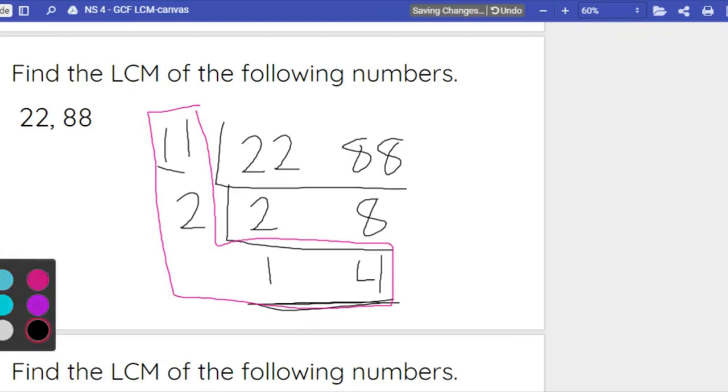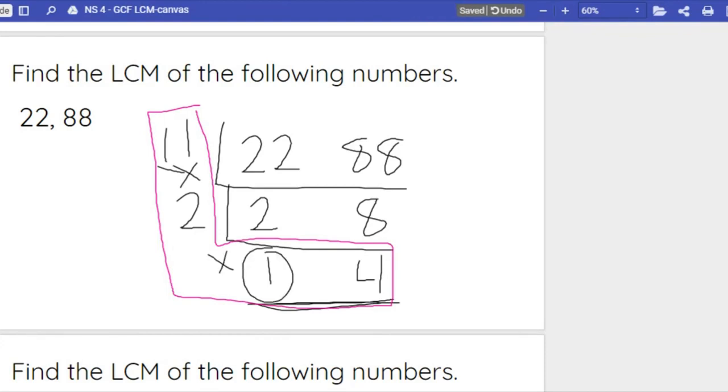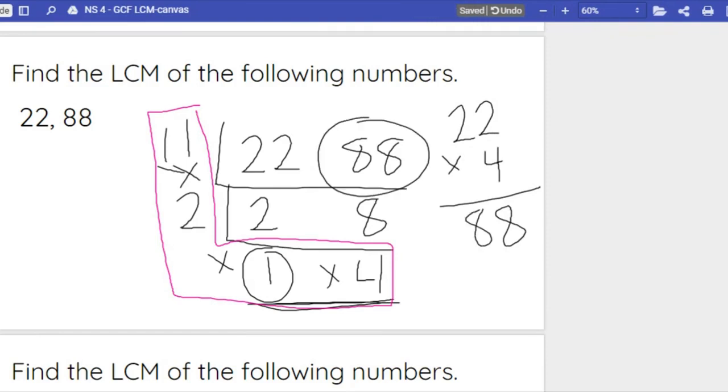And I multiply them. 11 times 2 is 22. Times 1, still 22. Times 4. You may want to write that. 22 times 4. 4 times 2 is 8. Interesting. That's one of my numbers.